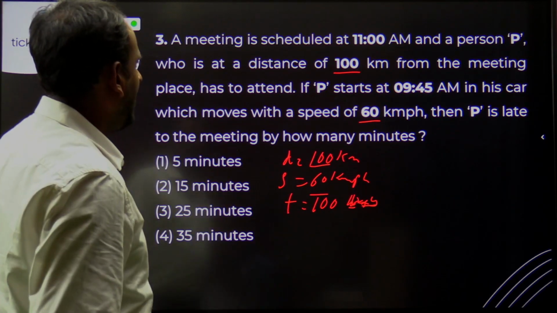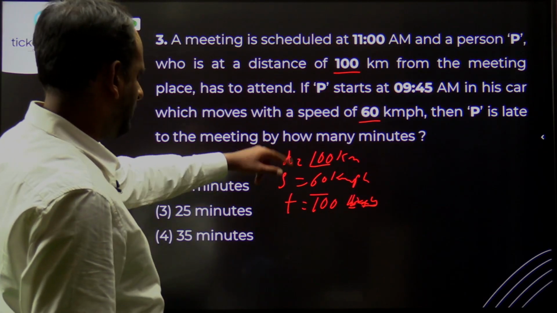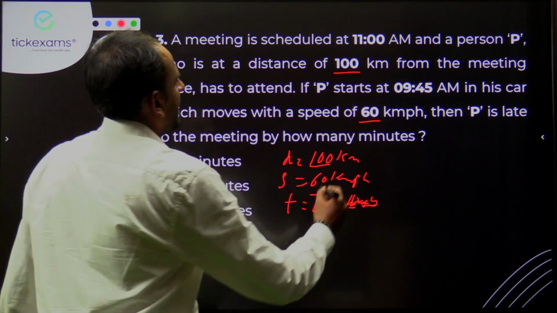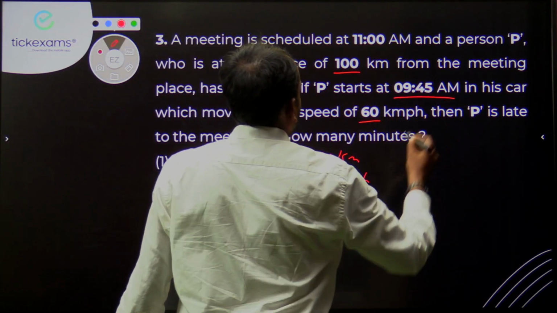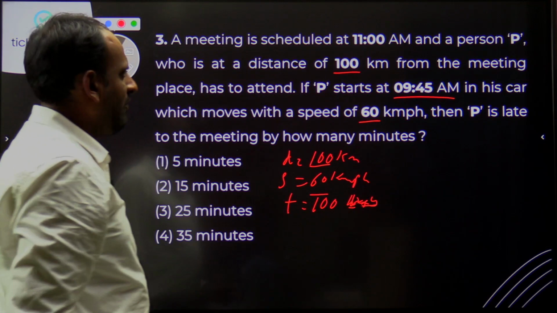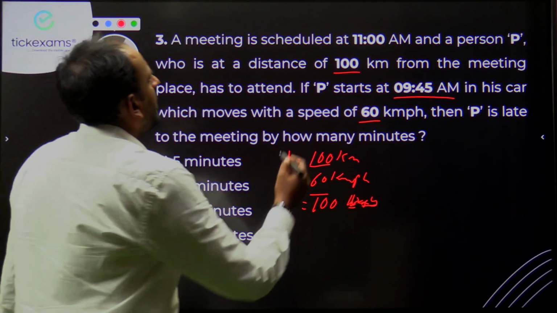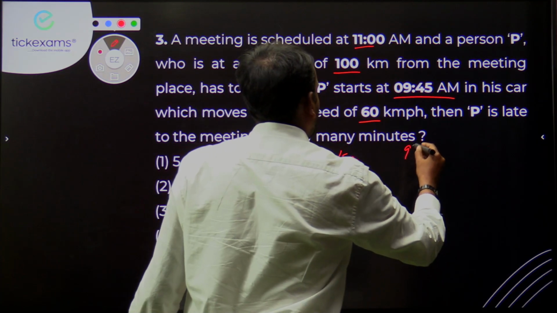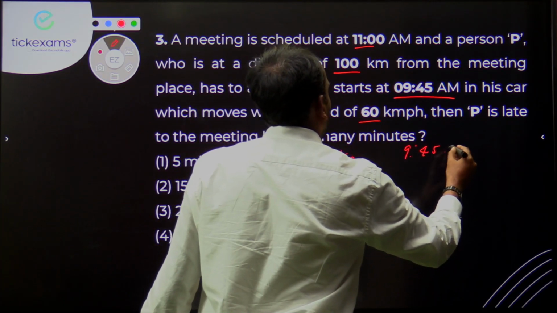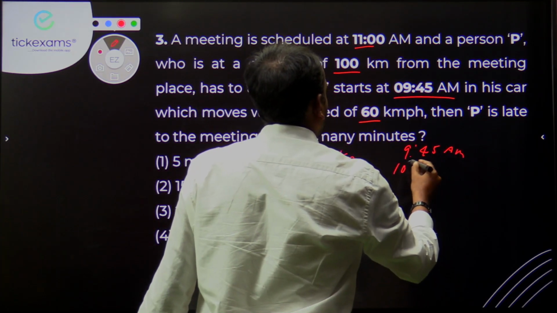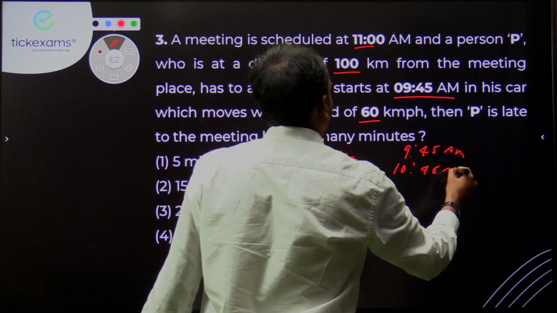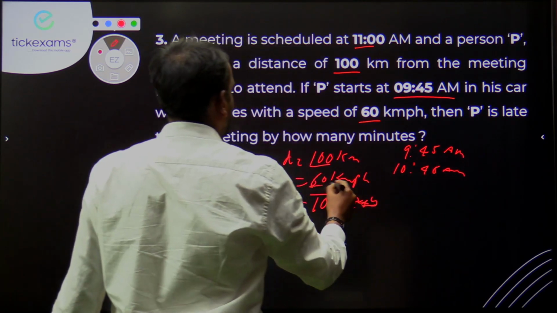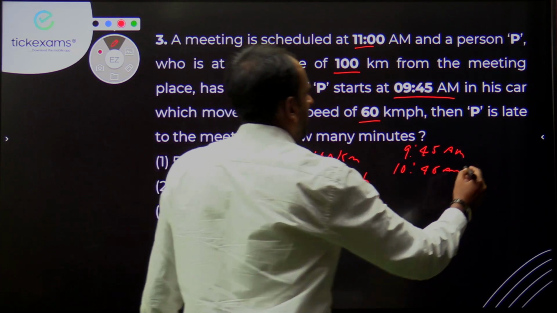Now let us see what is happening here. He starts at 9:45 a.m., but the meeting starts at 11 o'clock. In 1 hour, that is by 10:45 a.m., he will have covered 60 kilometers.